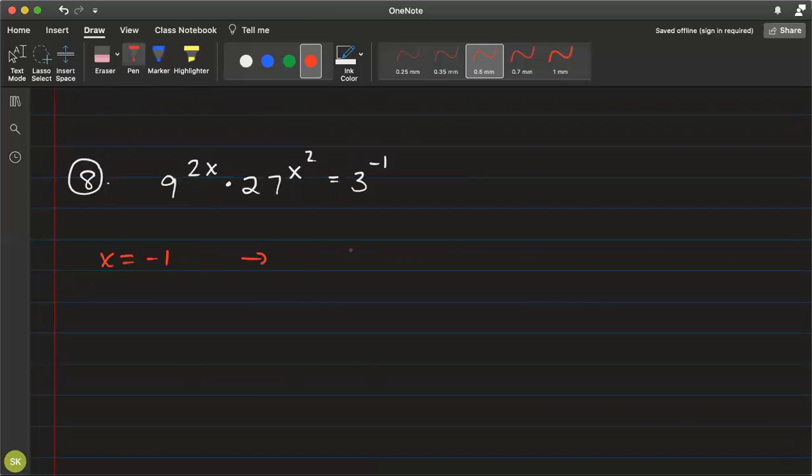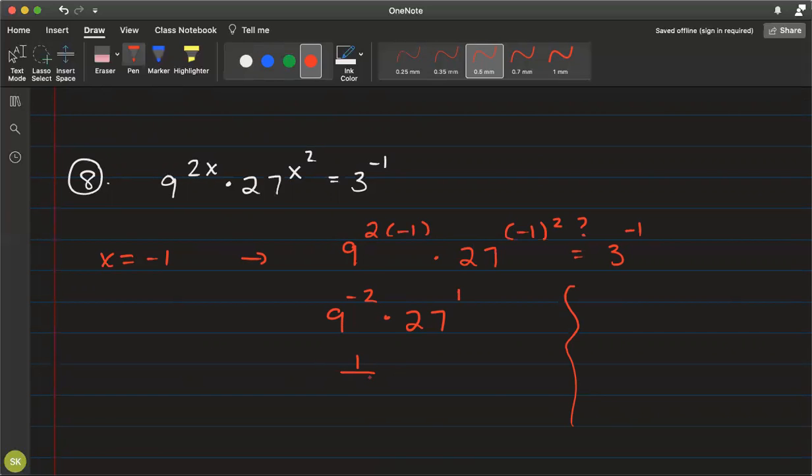So I want to see if 9 to the 2 times -1, times 27 to the -1 squared, is equal to 3 to the -1. Let's simplify this left-hand side. This is 9 to the negative 2 times 27 to the first power. Well, this is 1 over 9 squared, which is 81, times 27.